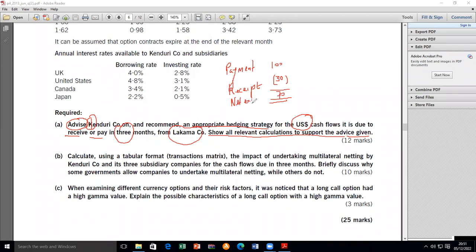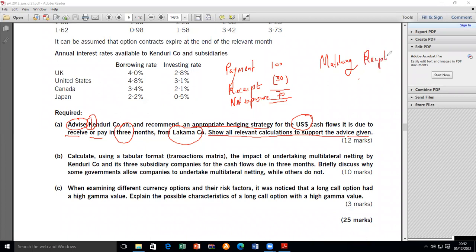So this is something that we want you to note all the time that you are doing a question. Whenever you are doing a question and there's a payment and a receipt falling on the same day, please do a net off. In other words, we expect you to apply the very first method of hedging, where you match your receipt and payment.